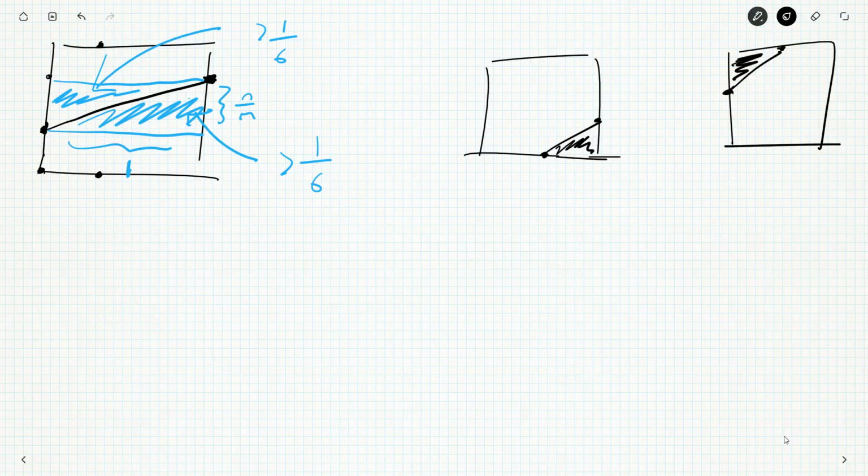And again, we can go here to vertex. That's a height of 1. That's not allowed. Here to here, that's about it. Okay, so it really has to be this triangle. Okay, so I just needed this shaded triangle to be less than 1,000th, because clearly it's going to be the small part.